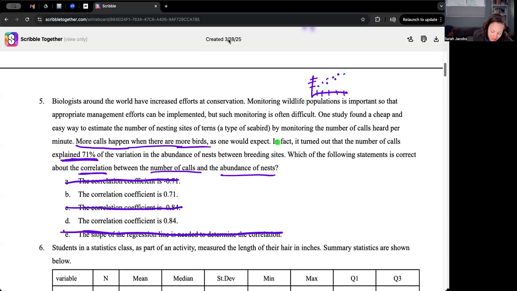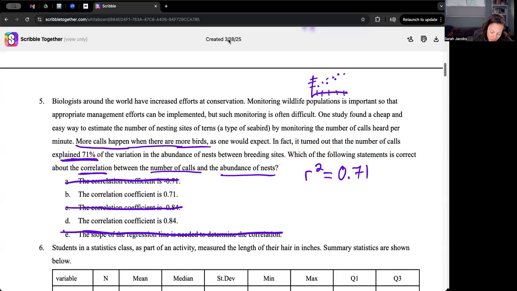Last but not least, this is a pretty good definition of R squared. The number of calls explained 71% of the variation in the abundance of nests between breeding sites. So R squared is the percent of the variation in Y that can be explained by the variation in X. So R squared is 71%.